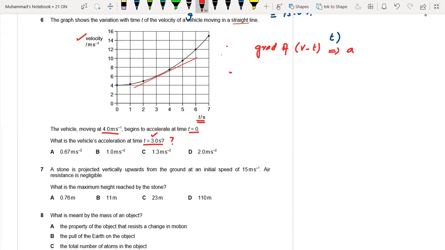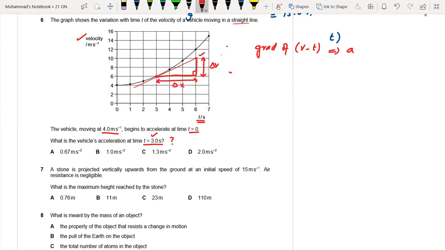So I am taking this 1 point, and this is another point, and then I will draw a triangle on this line, and I will find the ratio of this vertical side, that is delta y, and this horizontal side, that is the base, delta x.